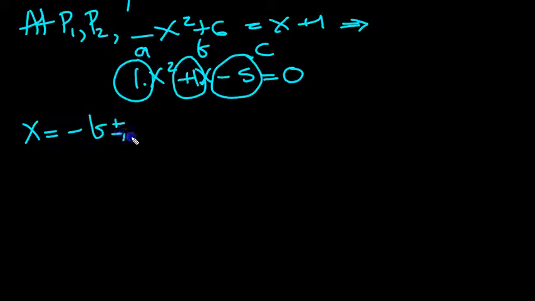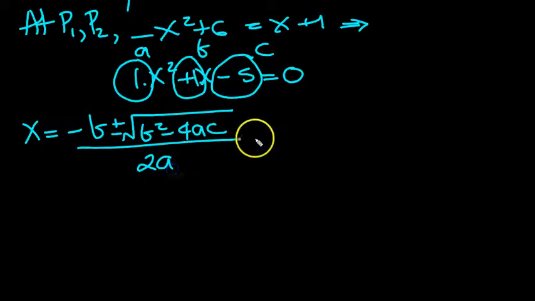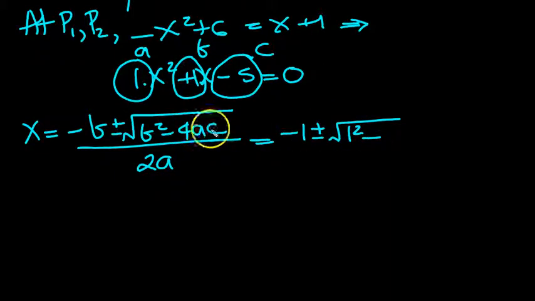So we can work out the value then. Minus b plus or minus the square root of b squared minus 4ac, all over 2a. So minus b is 1, so that's minus 1, plus or minus the square root of b squared, which is 1 squared, minus 4 times a, which is 1, times c, which is minus 5. So that'll become a plus 5, and I'll just put the 5 there.